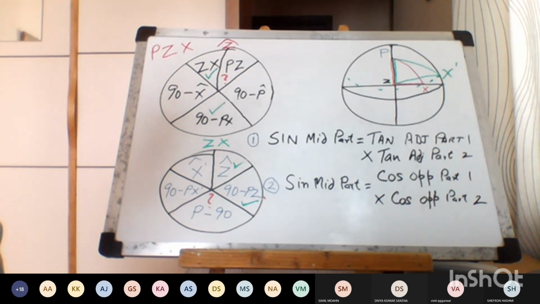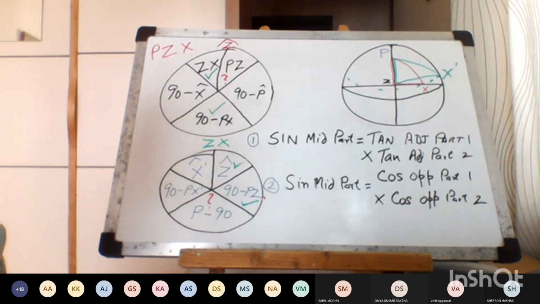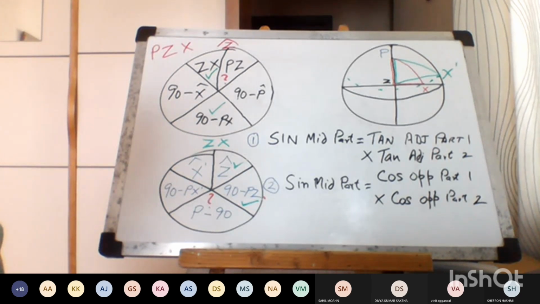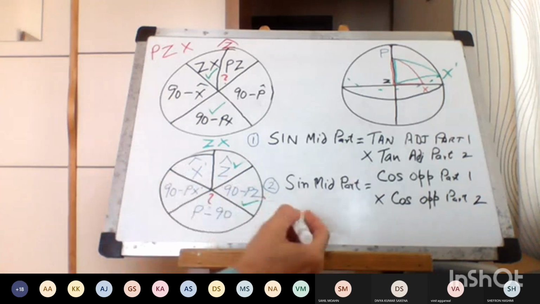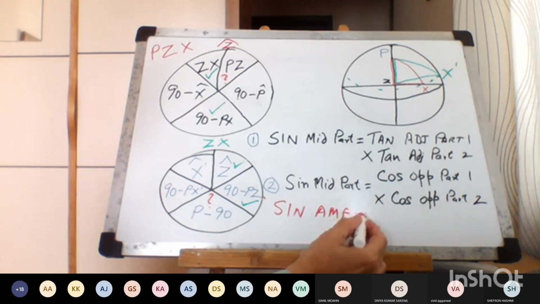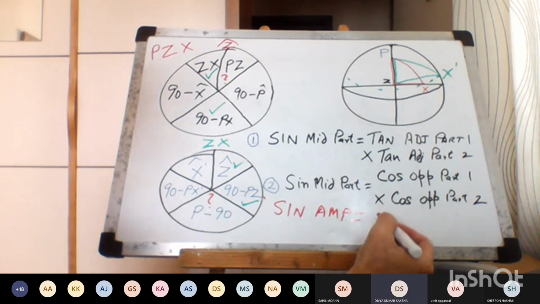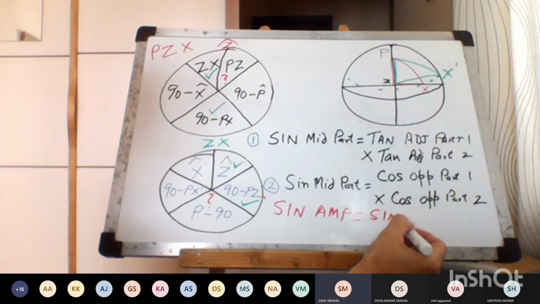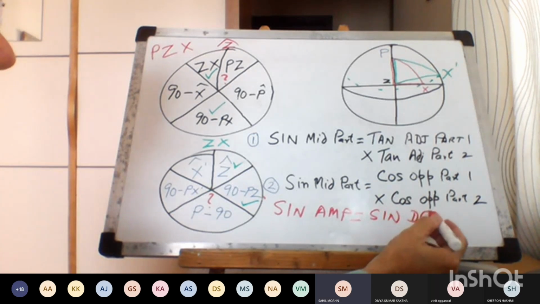So if you don't have any question on the Napier diagram, I can remove this and then we can go on to proving the amplitude formula. What is the amplitude formula? Sine amp is equal to sine dec, declination, by cos latitude.